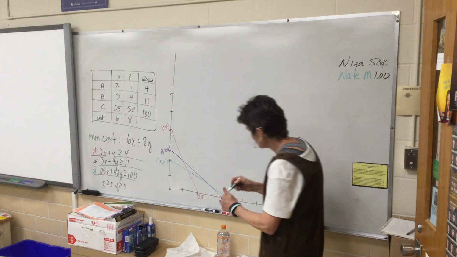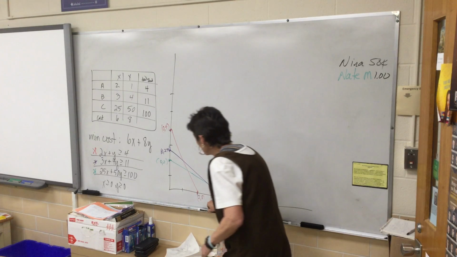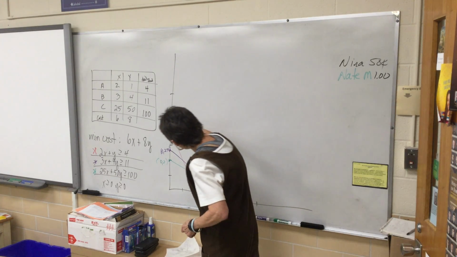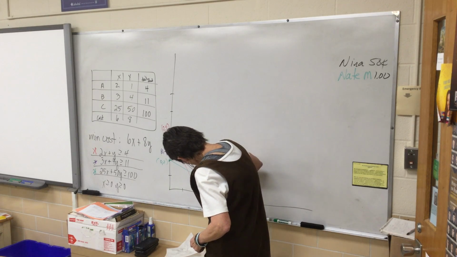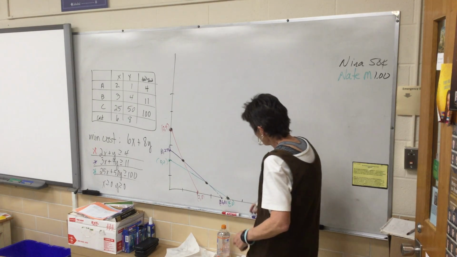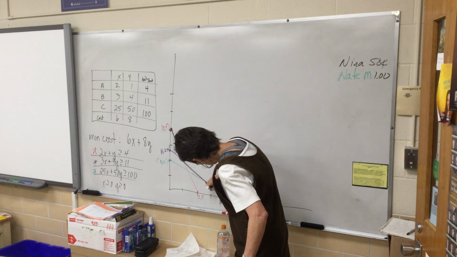And that one is also shaded above. So now it's clear that the corners of my shading are right here. I am shading everything above this.